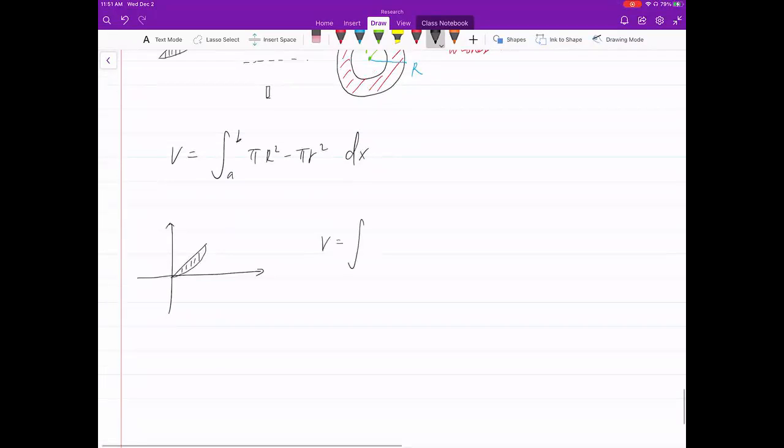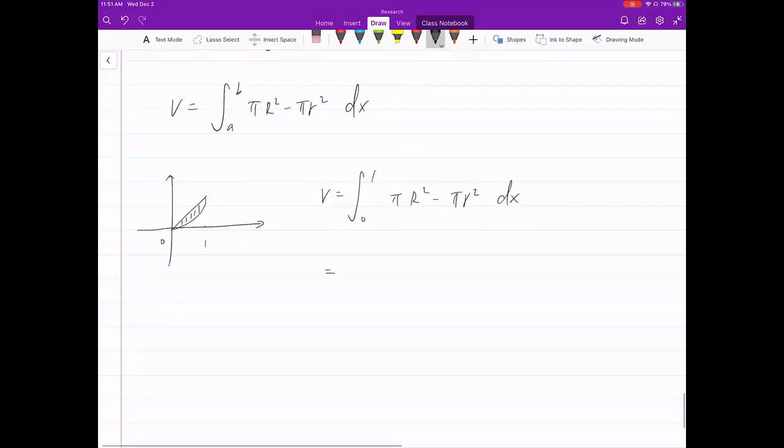Volume equals the integral from 0 to 1. Which one is outside if you rotate this way, the line or the parabola? The line, right? So whoever is above will be outside.